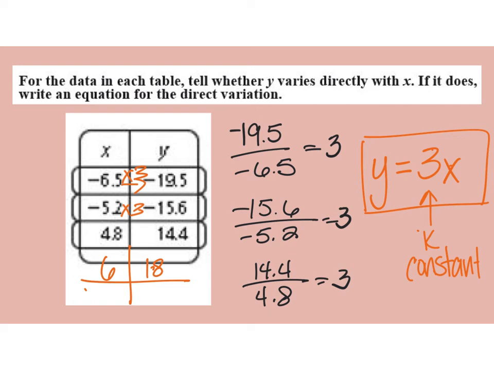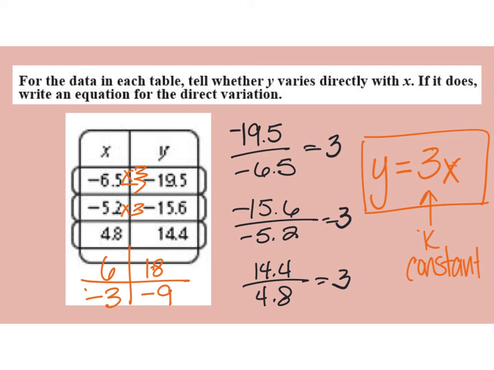What if I said my y value is negative 9? Could you go the other direction? Yes, you divide. So what would our x value be? Negative 3, right. So we can use this equation to go both directions, depending on what we know and what we need.